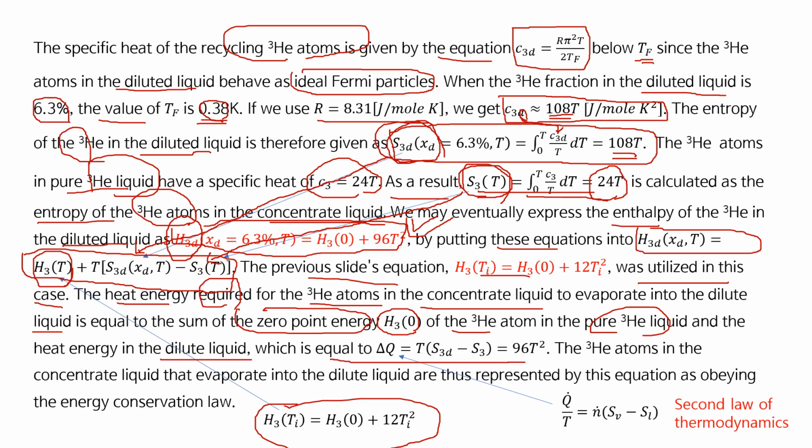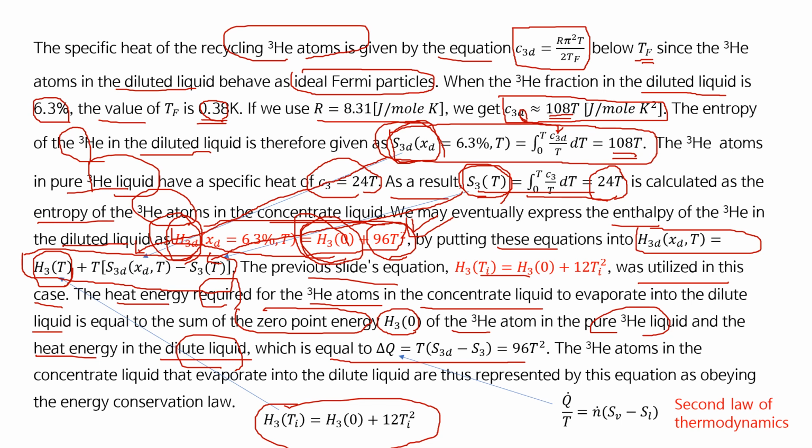So the enthalpy of the helium-3 atoms in the dilute liquid is a sum of the zero-point energy and the heat energy 96 T squared. This is the heat energy in the dilute liquid.